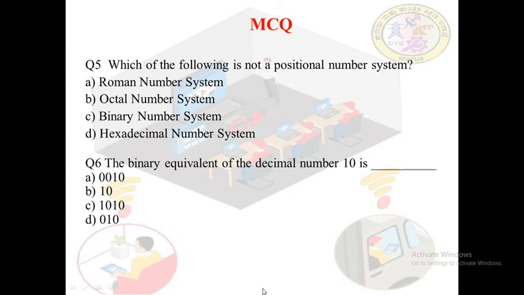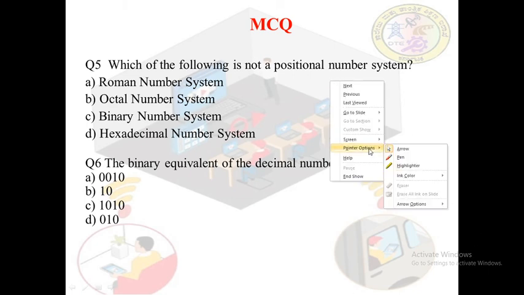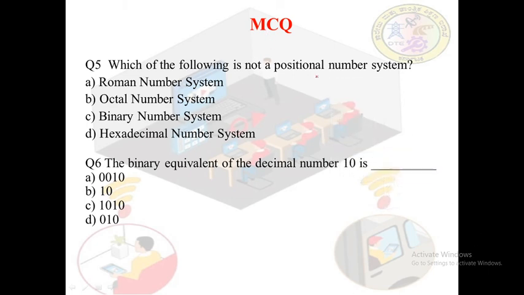Fifth question, which of the following is not a positionally weighted number system? We saw this earlier. In a positionally weighted number system, each digit will have its weight increasing depending on its position, that is from right to left. We will come from the bottom. In hexadecimal number system, each digit's position increases by a factor of 16.